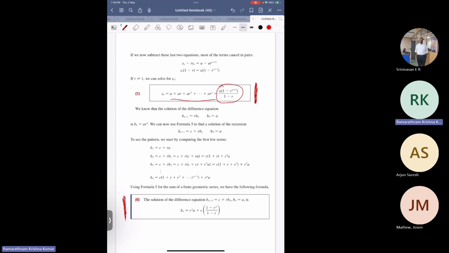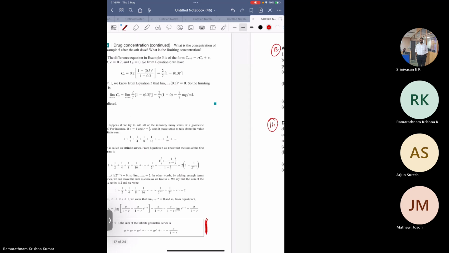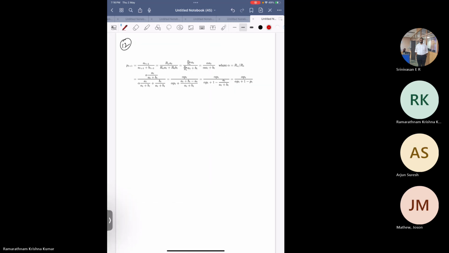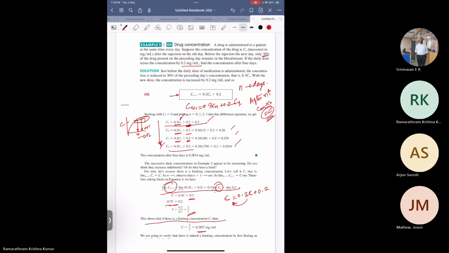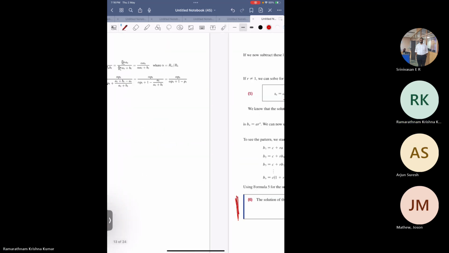I'll come back to this equation 5 and apply it. So this is of the form Cn plus 1 is equal to R Cn plus C. This is the type of equation which we had, where C is equal to 0.2, R is equal to 0.3, and C naught is equal to 0. So go back to this.